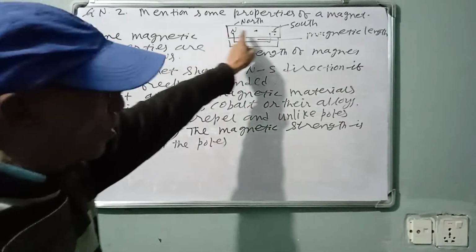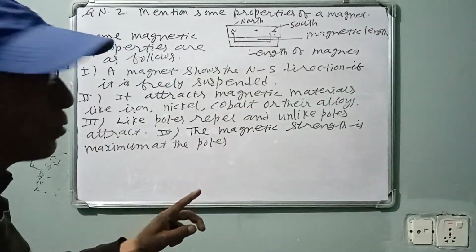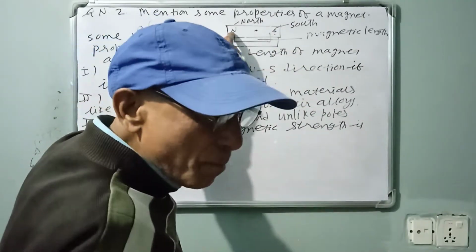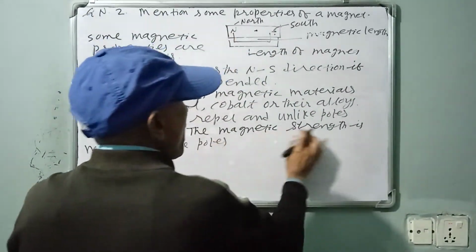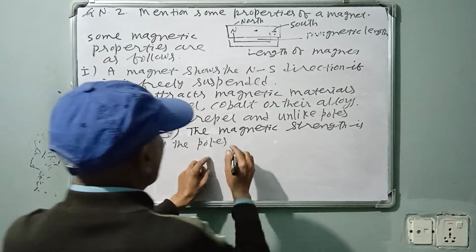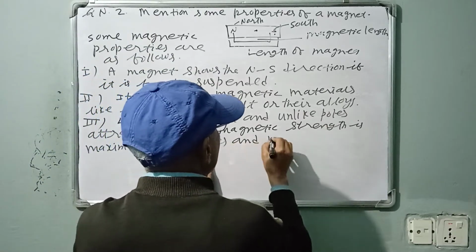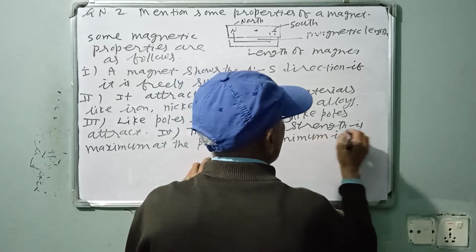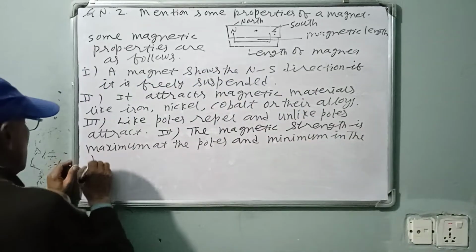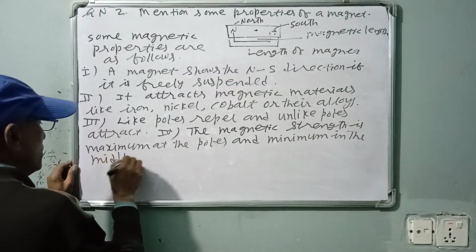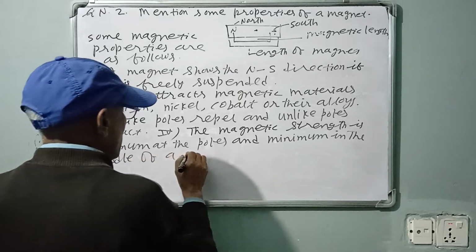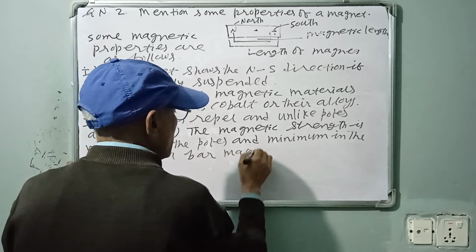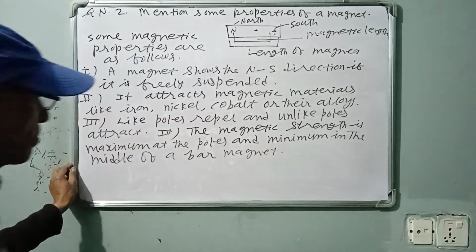That means North Pole and South Pole have the maximum magnetic force. The magnetic strength is maximum at the poles and minimum in the middle of a bar magnet.